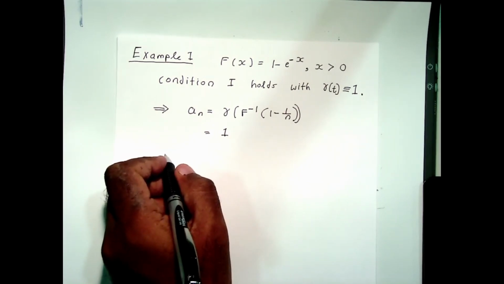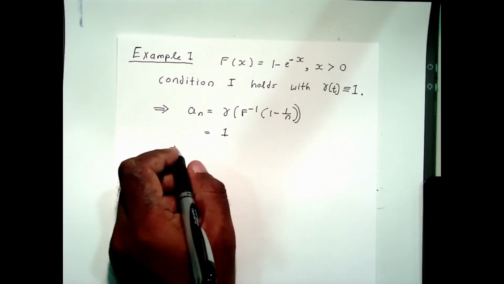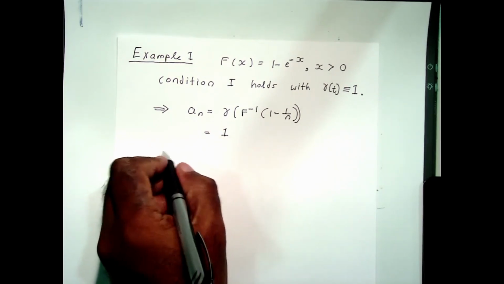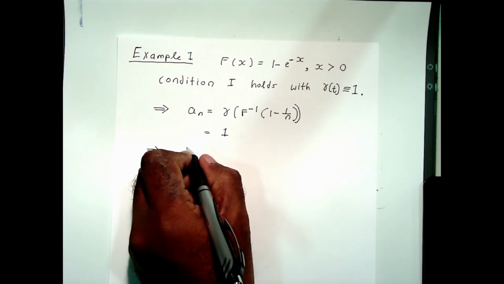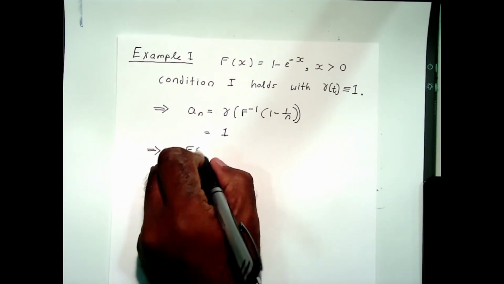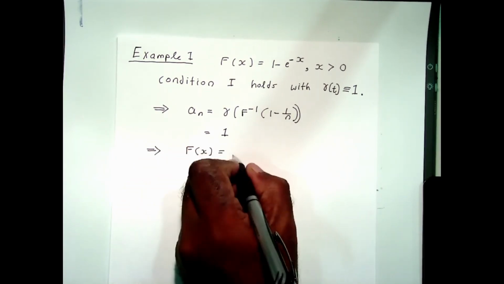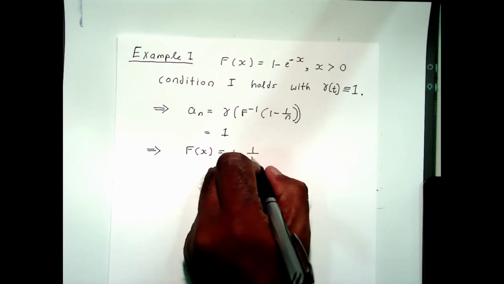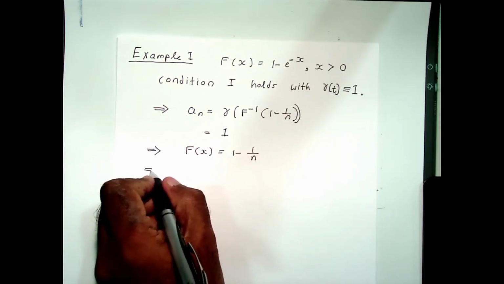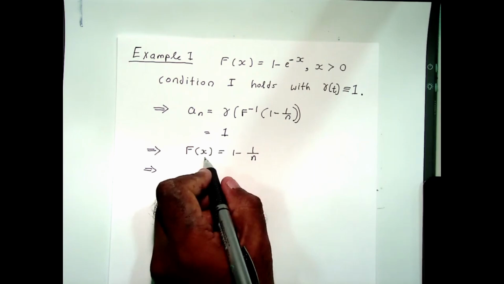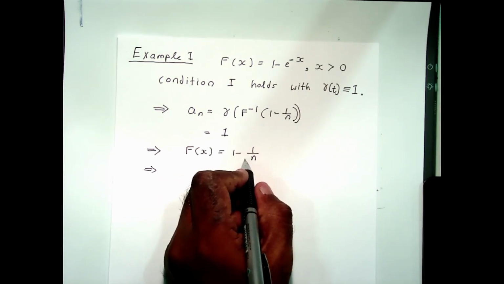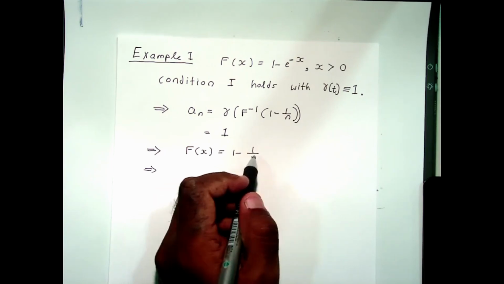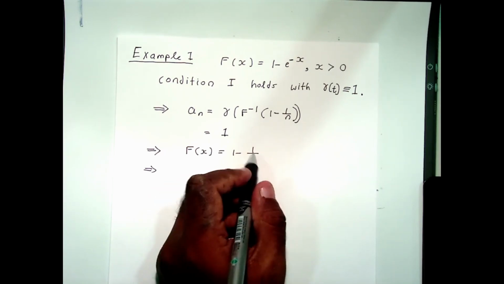Now to find bn, we need to find the inverse function of f. So the way to do that is to set f of x equal to this, and solve for x. So whatever you get out of this equation will be the inverse function of f at 1 minus 1 divided by n.